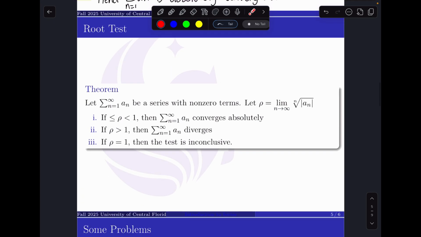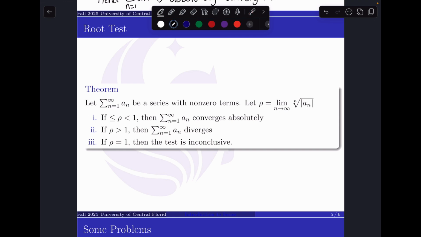Let's go to the root test. We're not going to do the proof for the root test. This is the statement. We let this be a series again with non-zero terms. We're going to let rho be another limit, but it's structured as an nth root this time. It's going to be the nth root of the absolute value of a sub n. And then we have the same three cases.